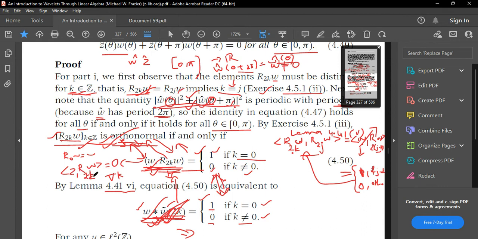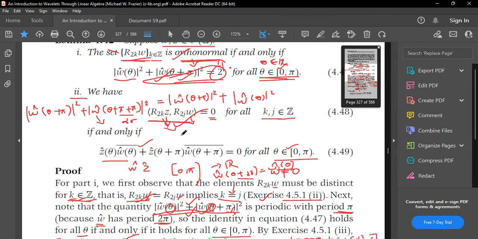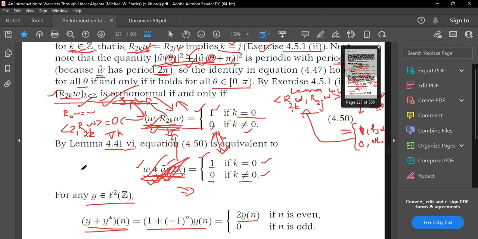Here it is 2k. Why? Because this can be written as inner product z comma r 2 into j minus k w equal to 0 for all j, k. From this one we can write this inner product as z star w tilde of 2k will be 0 for all k.